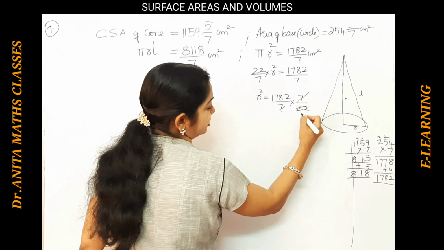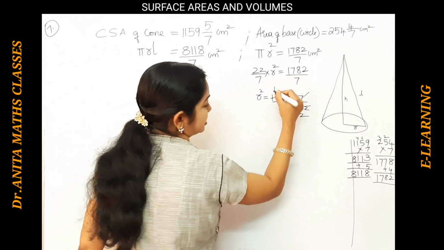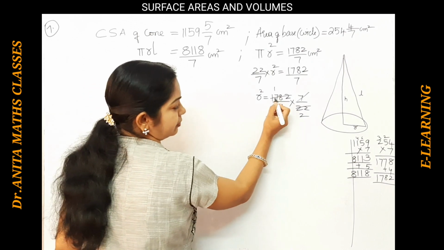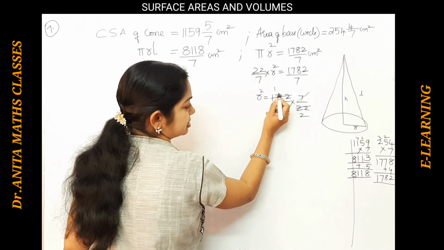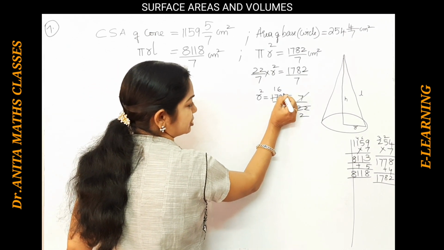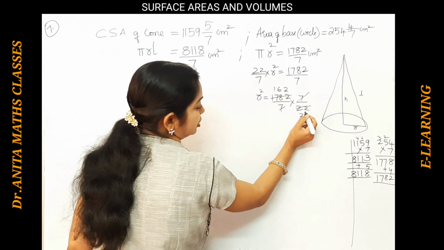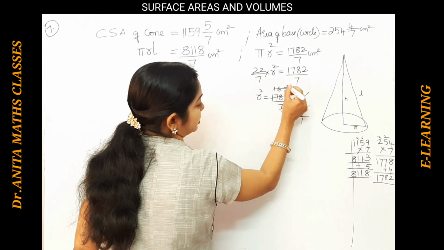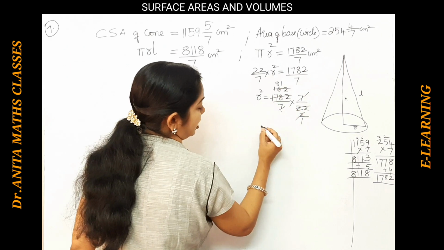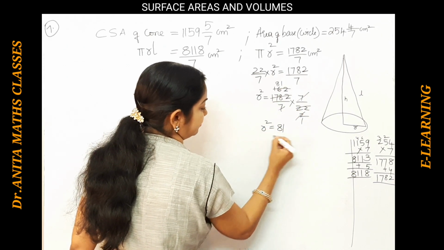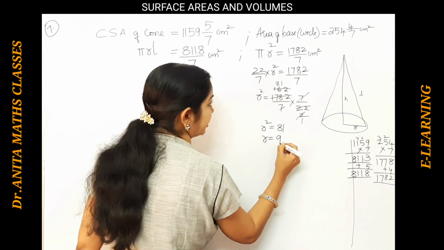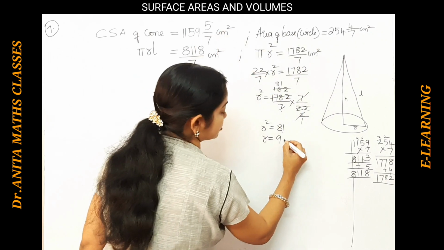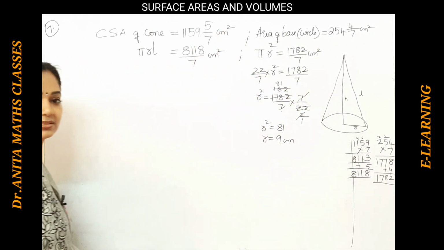So 11 twice, 11 once 11, 6 is remaining, so 11 6 66, 2 remains, 11 twice 22, so r square is 81. We get r as 9, and all are in centimeters, so the radius will be in centimeters.